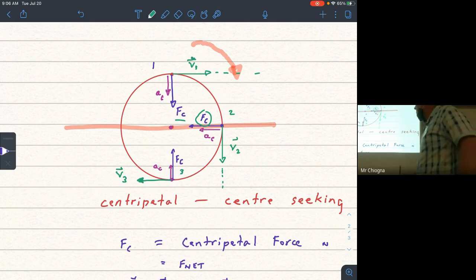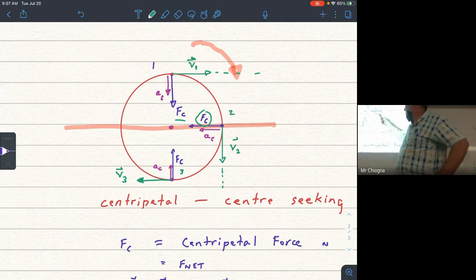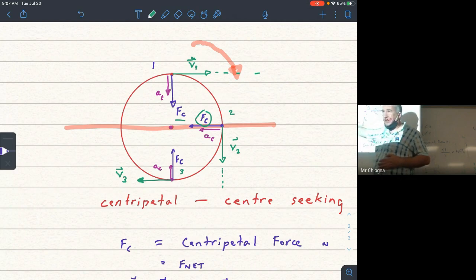For the car, friction here is the same as the friction here in magnitude, different direction, keeping the car moving in a circle as opposed to moving straight off in any of these directions. Why doesn't it move that way? Because of a net force. If you all of a sudden hit a slippery surface at any point, it would move in the direction of the green line.